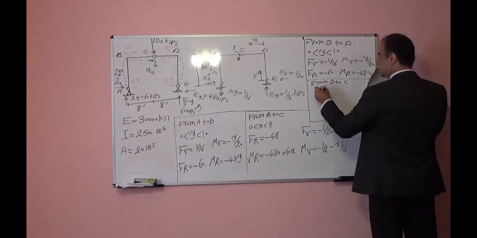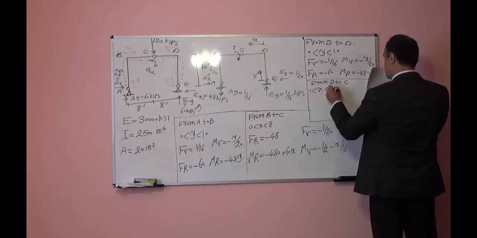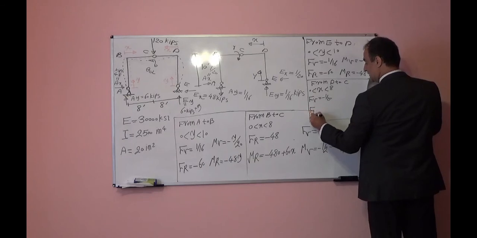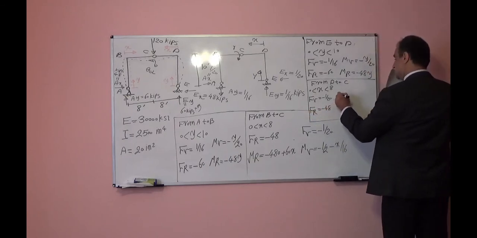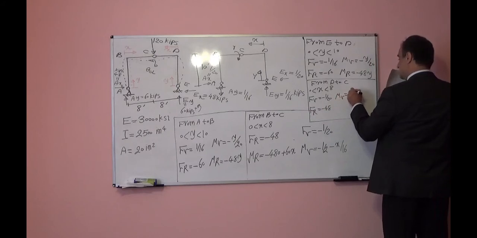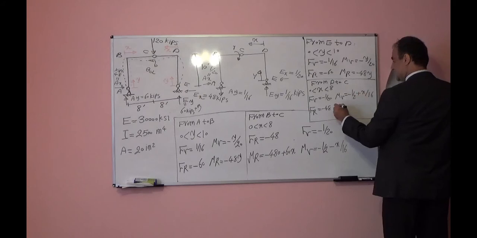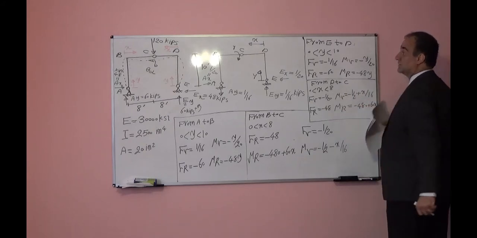So x will be between 0 to 8, FV minus 120, FR minus 48, MV negative 1 over 2 plus x over 16, MR will be minus 480 plus 60x.